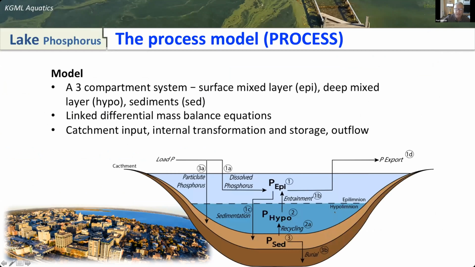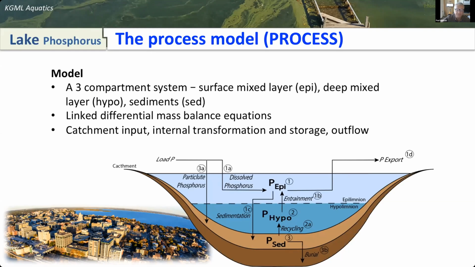And when it becomes anoxic, it is a place where cold water fish species end up dying. And the third layer in the system here is the sediments. So phosphorus comes in from the catchment. It is processed within the lake. Some of it is stored, some of it's recycled, some of it's exported downstream. And our goal is to try to understand those dynamics.